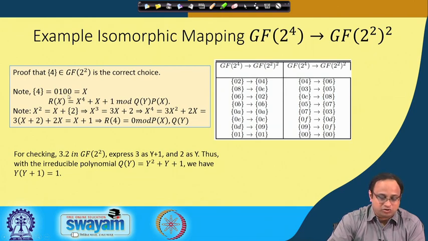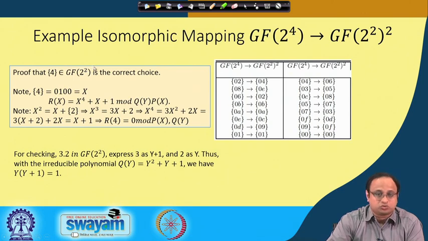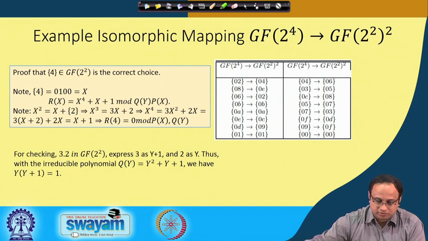Note that this is not an element in GF2 power of 4. If this was an element in GF2 power of 4, then I would have represented it as x square. But this is an element of GF2 square whole square. I have missed out this 2 here. It is actually GF2 square whole square. So that means, in GF2 square whole square, let me try to write here.